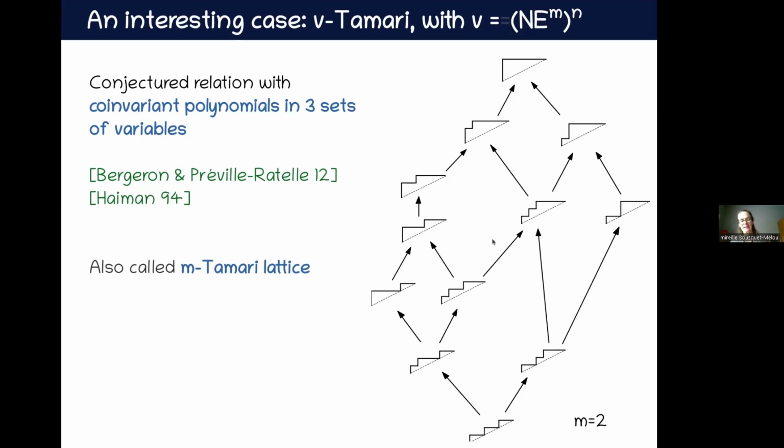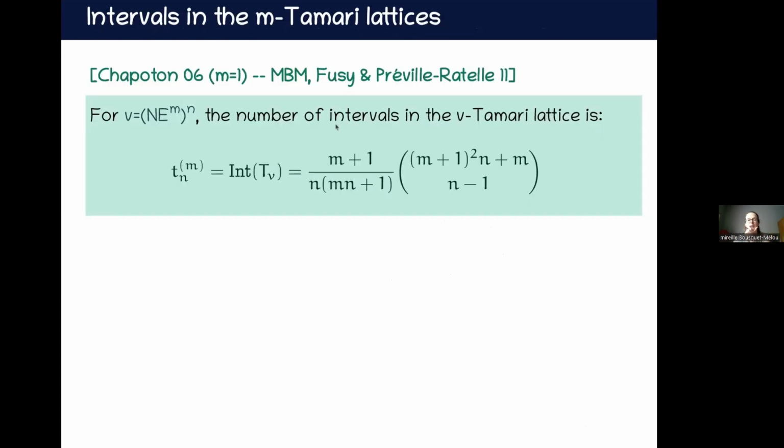And it seems that in this context where you have 3 sets of variables, the Dyck paths are replaced by intervals in the Tamari lattices somehow. This is in fact how I got interested in these lattices, because François was, more than 10 years ago, advertising some conjectures about the number of intervals in these things. And this was my first incursion on this topic.